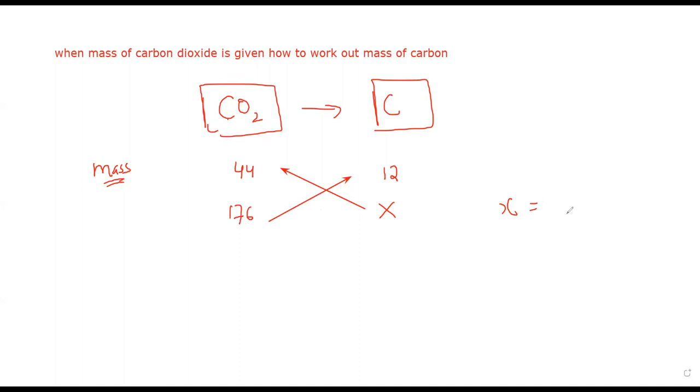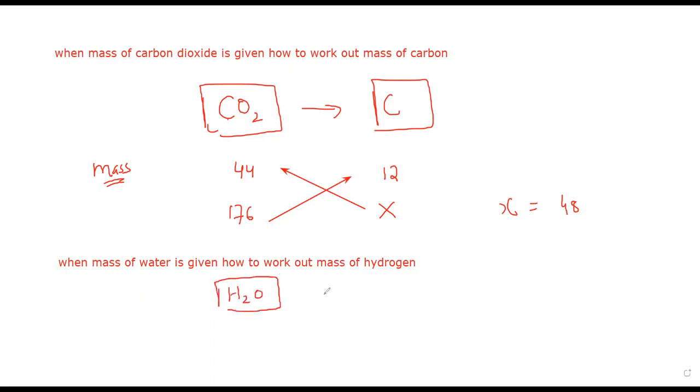So that was 48. The same way we can work out the mass of hydrogen when the mass of water is given. For one water molecule, which is H2O, how many hydrogen atoms are there?